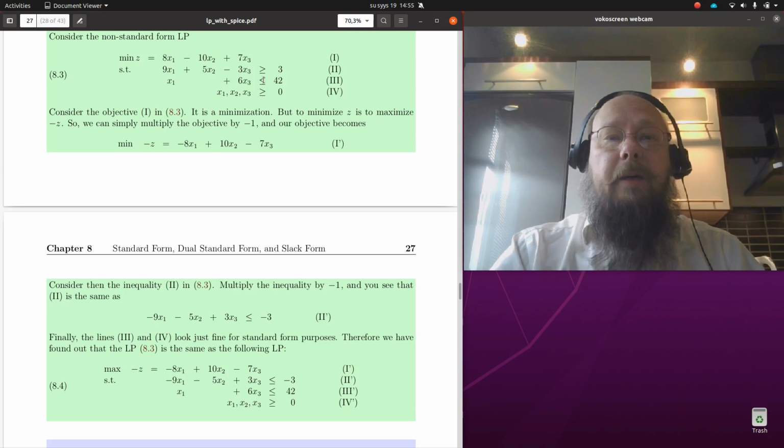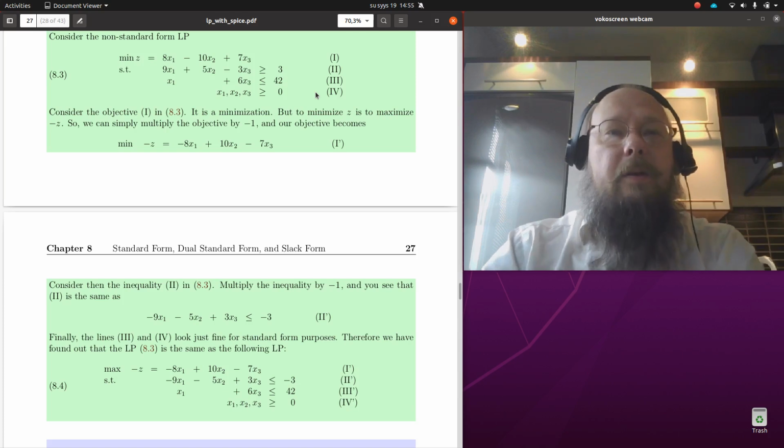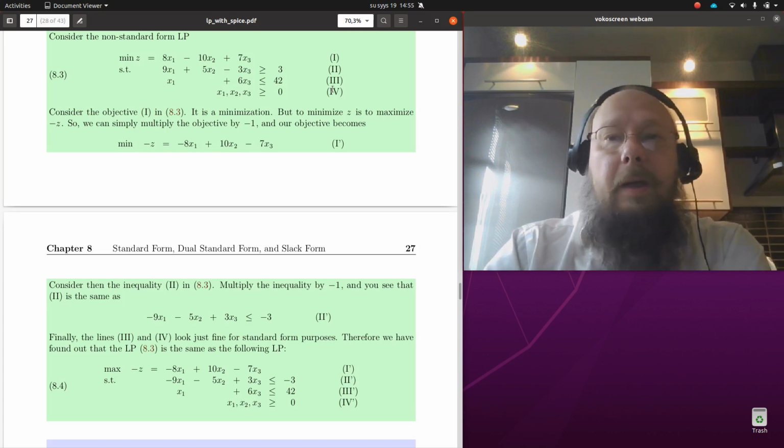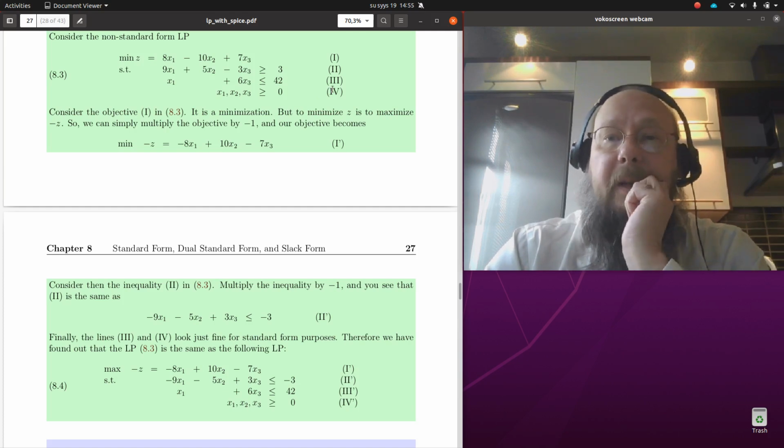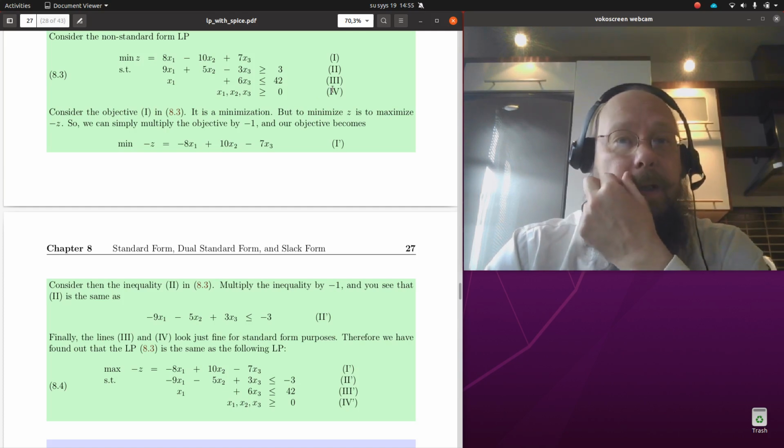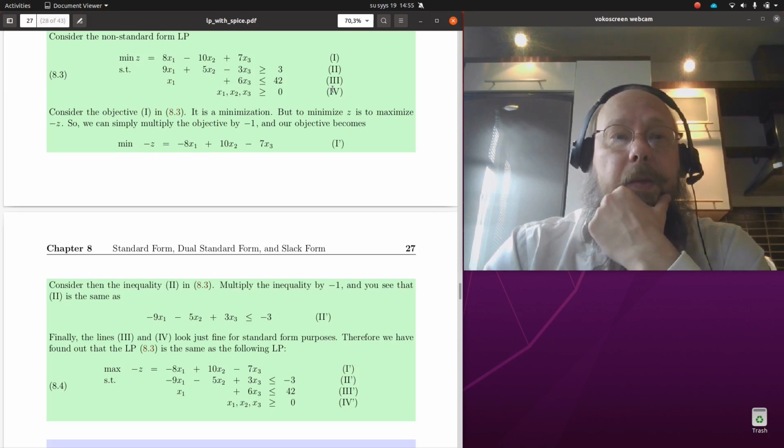So I don't have to do anything with 3. And then x1, x2, x3 are all non-negative, so they are sign constraints, so they should be positive. And this is indeed what we should have in the standard form LP also, so nothing to be done here, right? So we are actually finished.